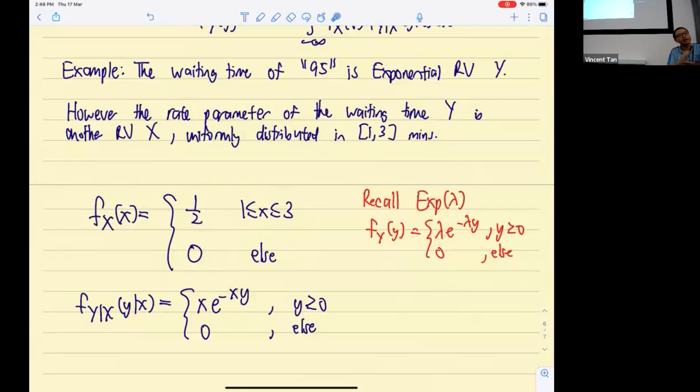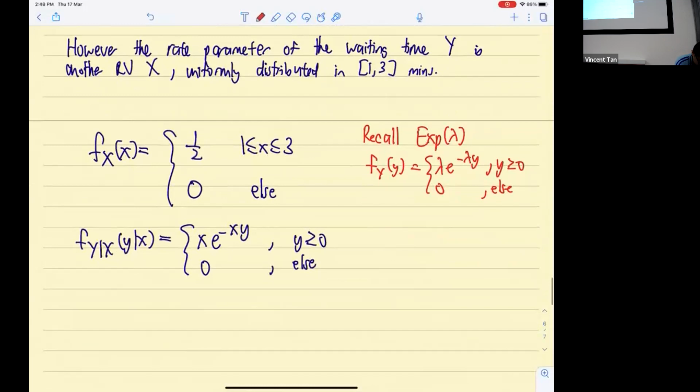So there are multiple layers of randomness. First, the rate parameter of the exponential PDF is a uniform random variable on 1-3. And the amount of time you wait is an exponential random variable whose parameter is uniform, is random. So what do you expect? Before we do anything, right?